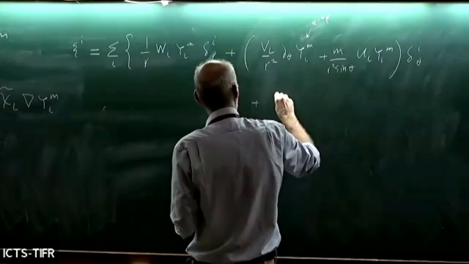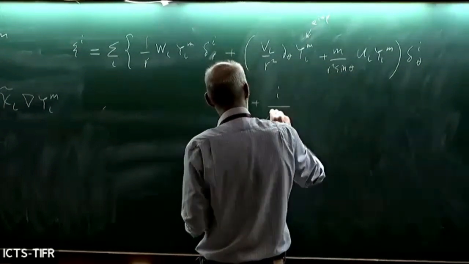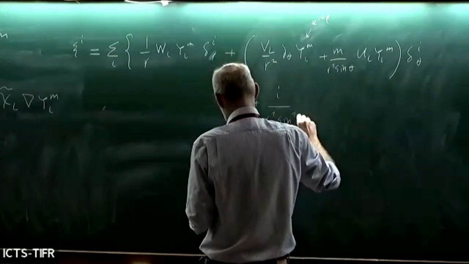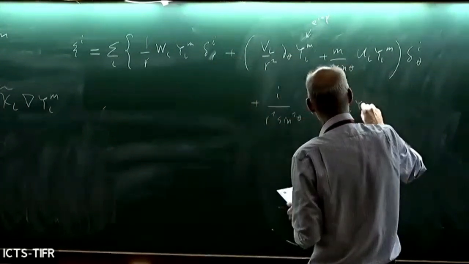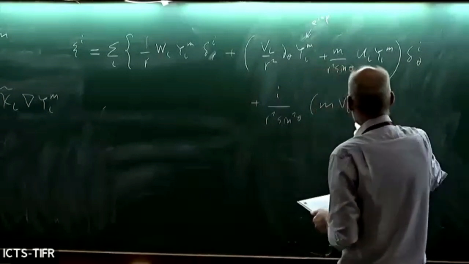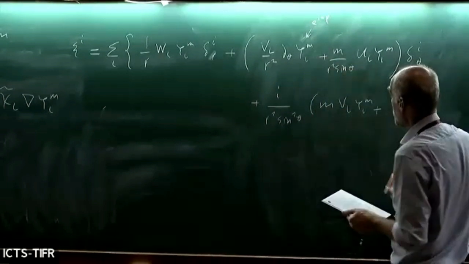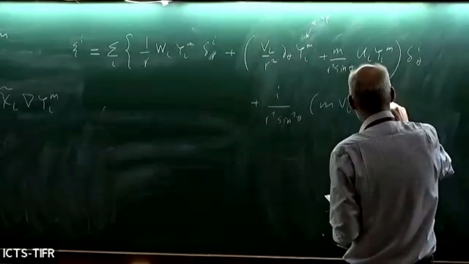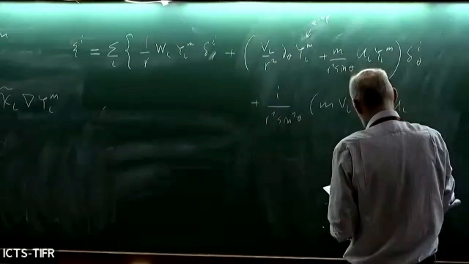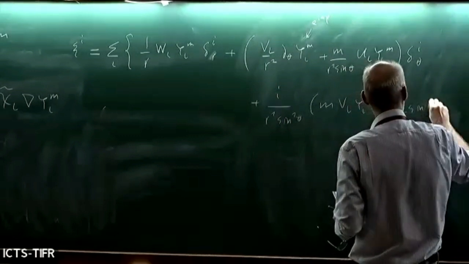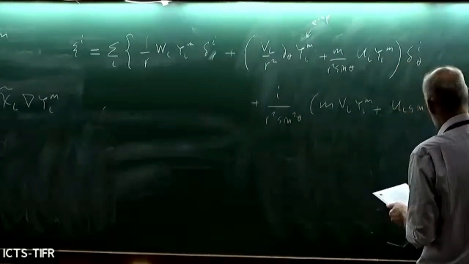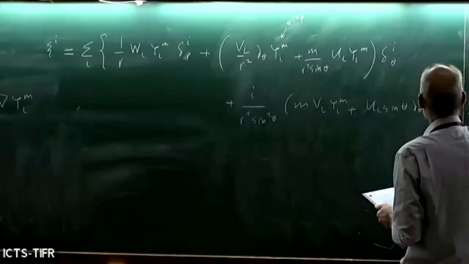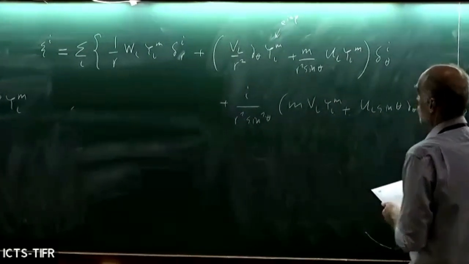And there's one more, plus complex, sorry. Same thing from the gradient. I need a phi derivative. There's an i m. And then plus this U, sine theta, partial theta, Y_LM. And that's the delta_i phi. And that's the whole thing.